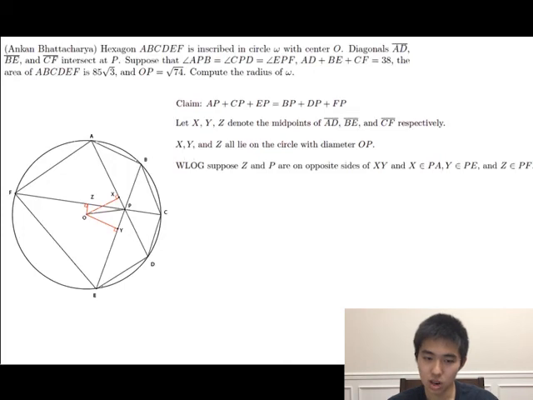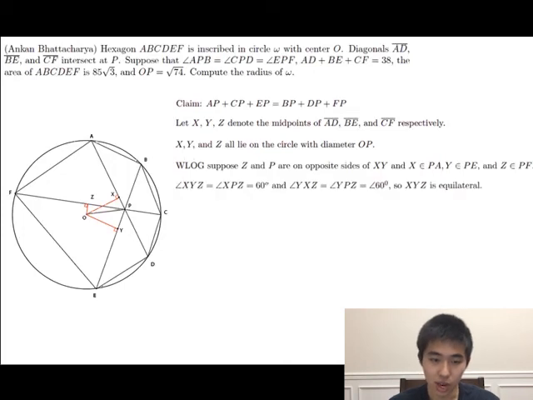So now that we have this statement, we have that angle XYZ is equal to angle XPZ, which is 60, and angle YXZ equals YPZ is equal to 60. And the reason that both of these angles are 60 is because we have the initial condition that APB equals CPD is equal to EPF, and by the vertical angles, these three angles are also equal to the other three angles APF, BPC, and DPE.